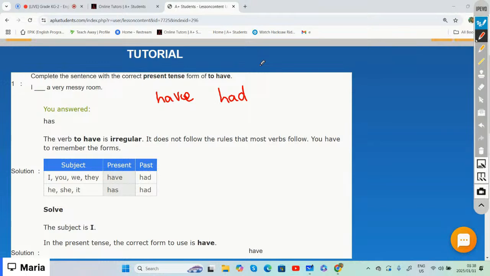So do we say I have a very messy room or I had a very messy room? This is the present tense form of to have.